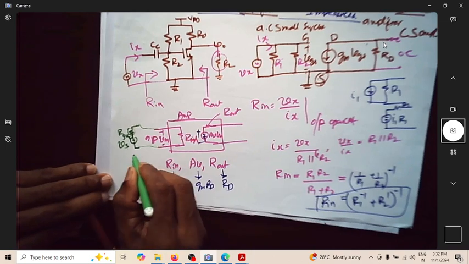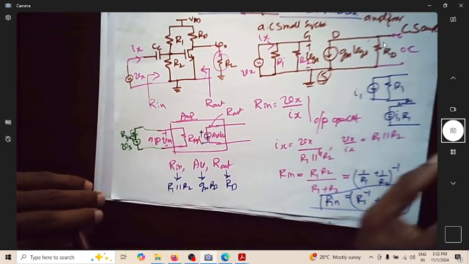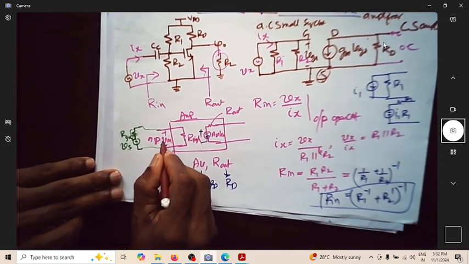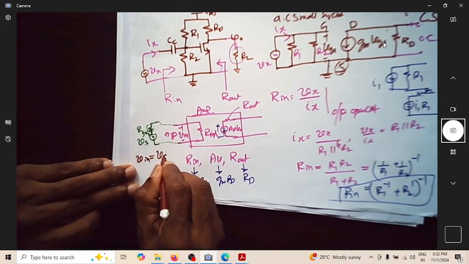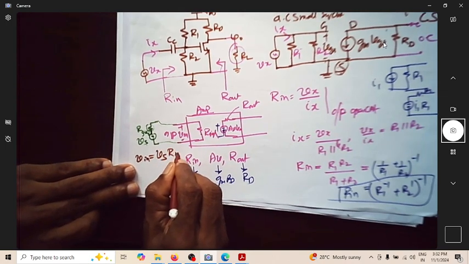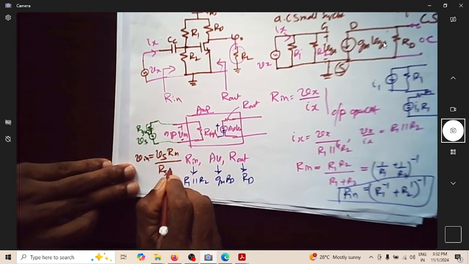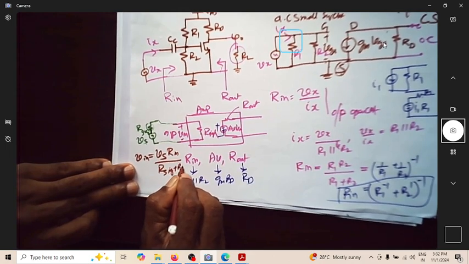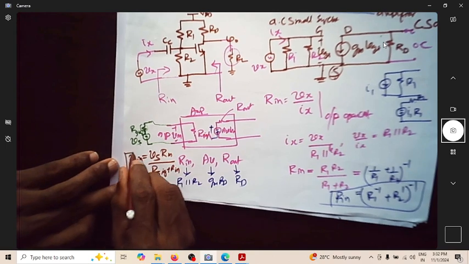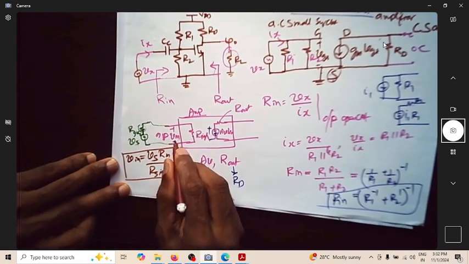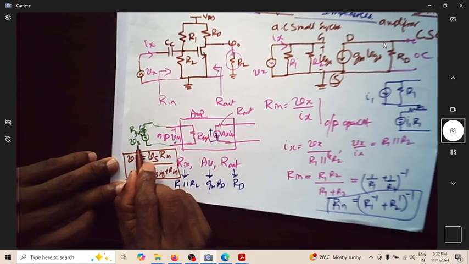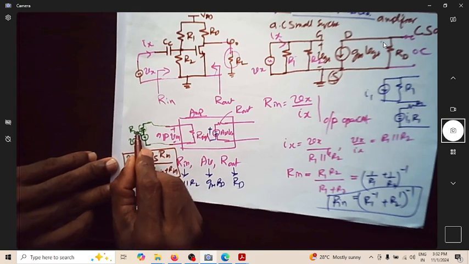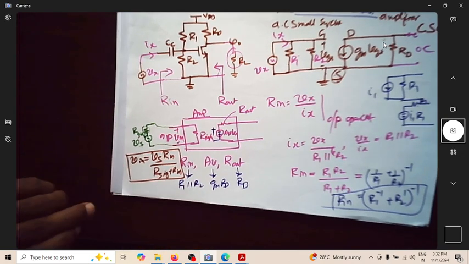So what is this Vin now? Can I write the Vin expression as Vs multiplied by Rin divided by R signal plus Rin? This is the input voltage that will reach the amplifier with a source signal of Vs and associated source resistance R signal.